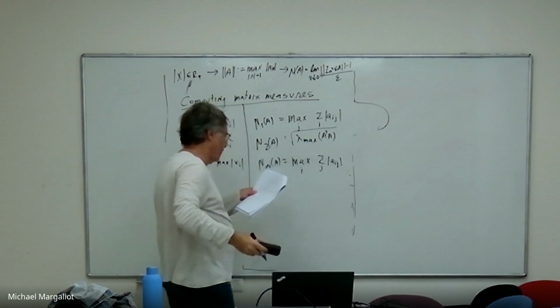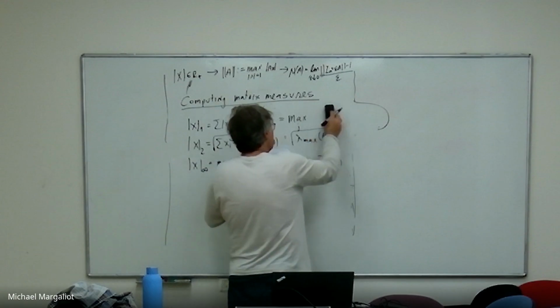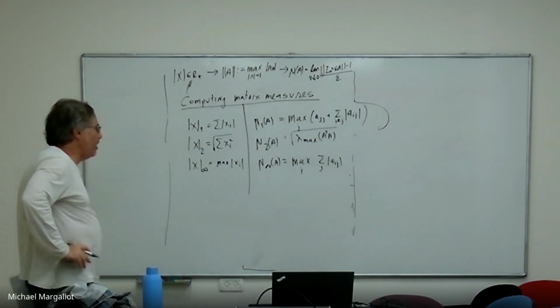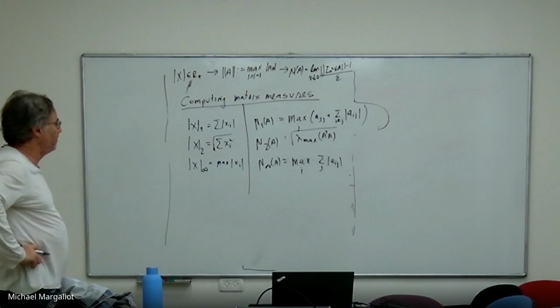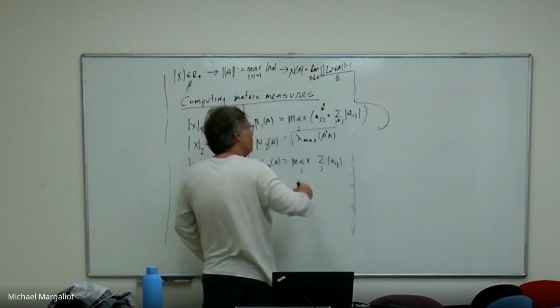This is the maximum over j. So these are exactly the same column sums, but now when I take the column sum, I can keep Ajj without an absolute value.